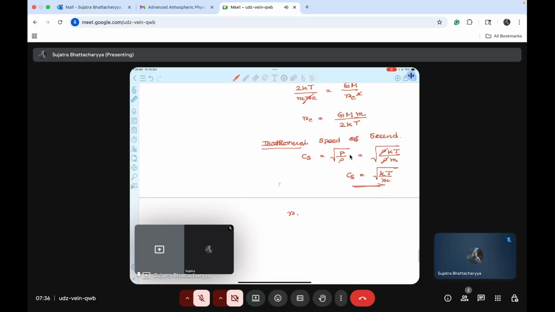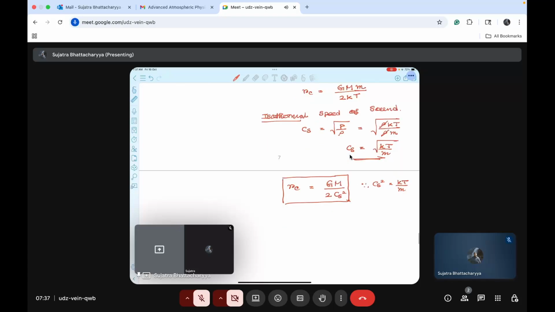So rc therefore becomes GM by 2 Cs square, because Cs square is kT by m. So the critical distance, GM upon 2 Cs square, is the distance where the role of gravity and the role of the 2kT by mr part become equal.